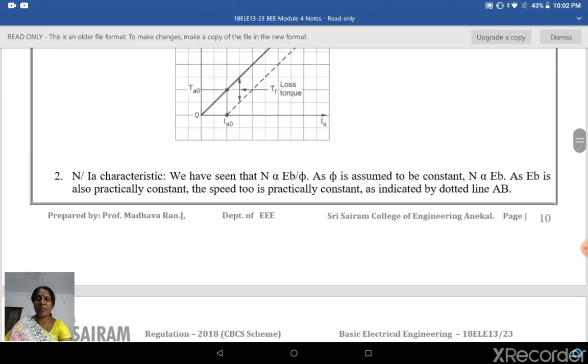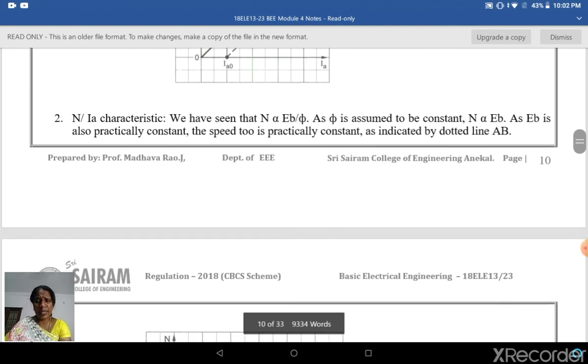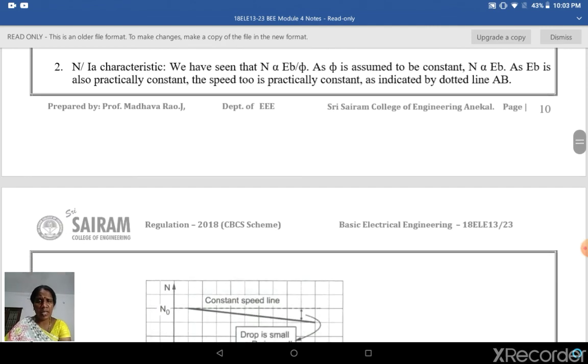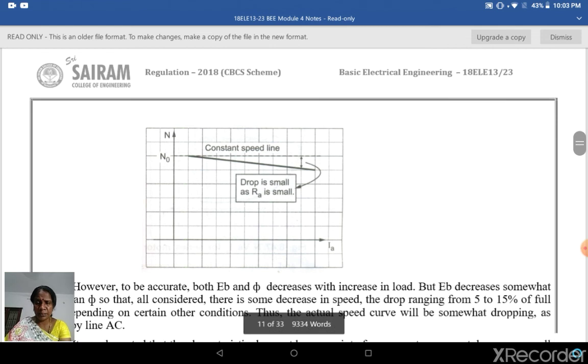Speed versus Ia. We have seen that the speed N is proportional to the back EMF divided by the flux. As phi is assumed to be constant, N is proportional to the back EMF. As back EMF is also practically constant, the speed too is practically constant as indicated in the diagram.